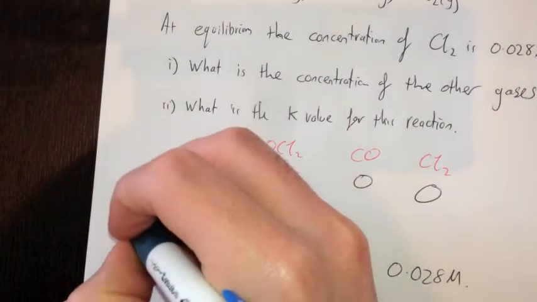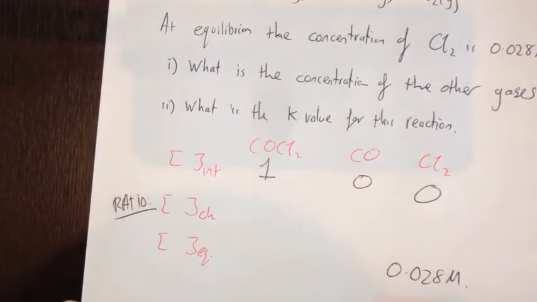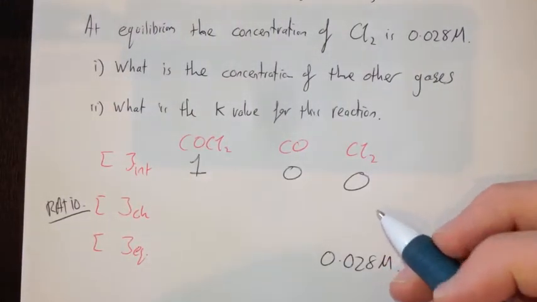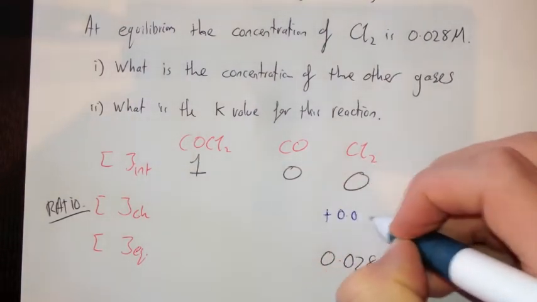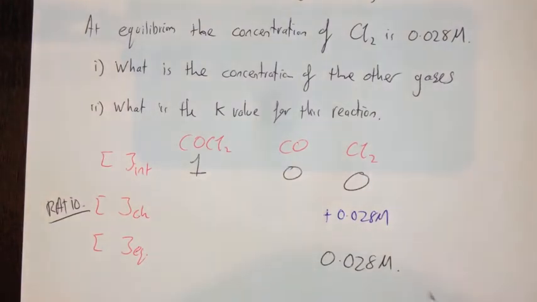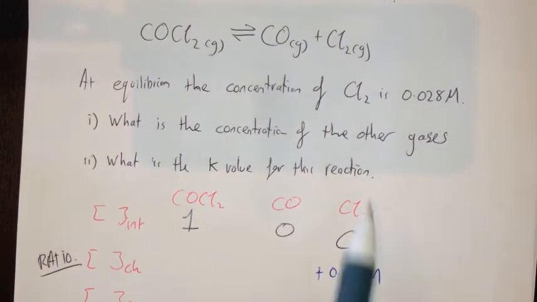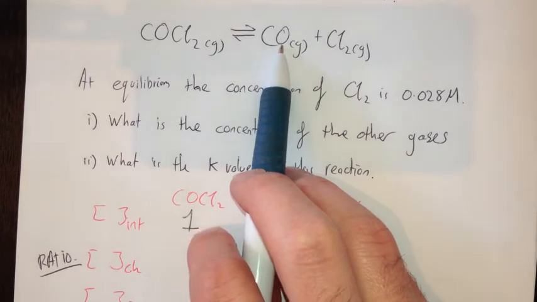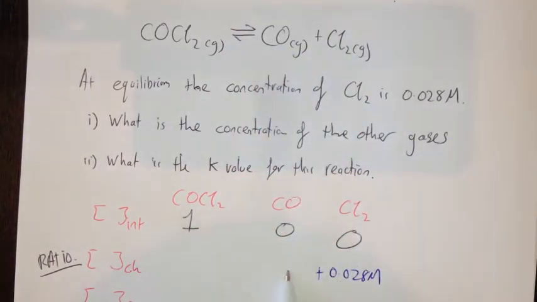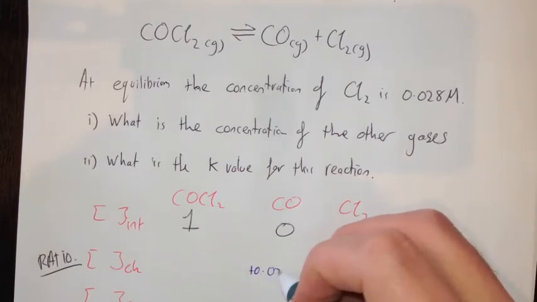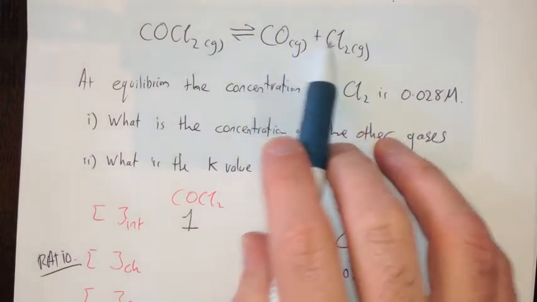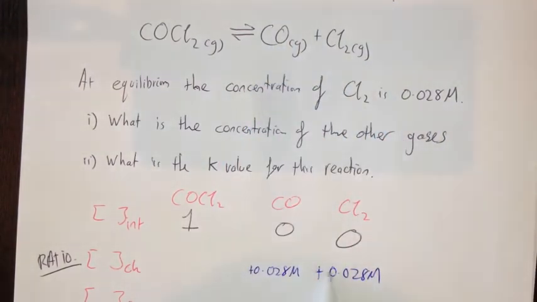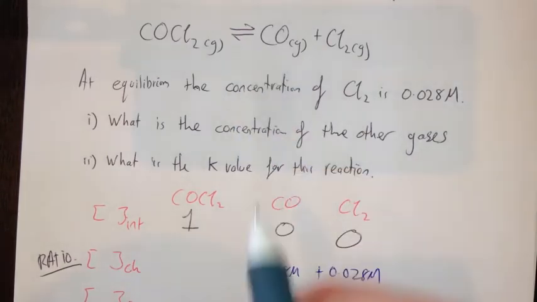Okay, so what we can work out is our changes. Now our changes deal with the mole ratio. Obviously chlorine has gone up by 0.028 molar. According to my reaction, that means carbon monoxide must have gone up by the same amount, plus 0.028 molar, because we have a 1-to-1 ratio here. Different ratios mean you get different amounts going up and down, but you get the idea.